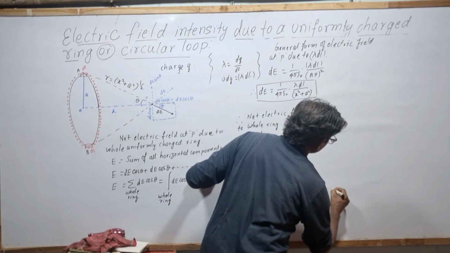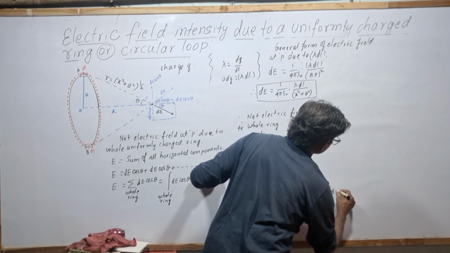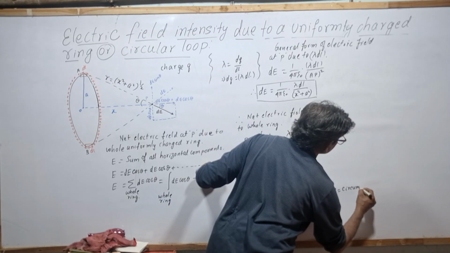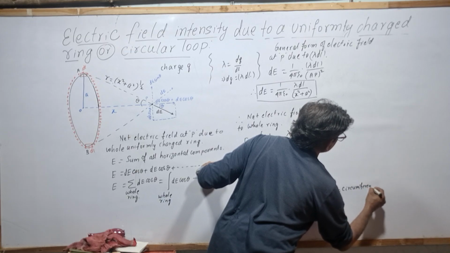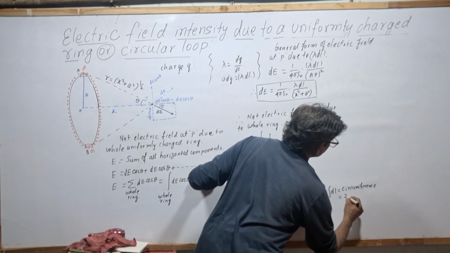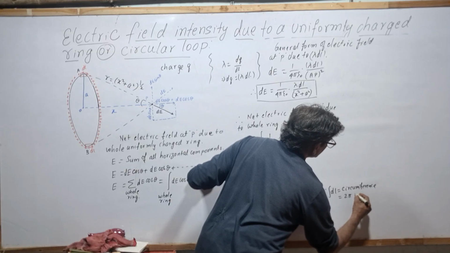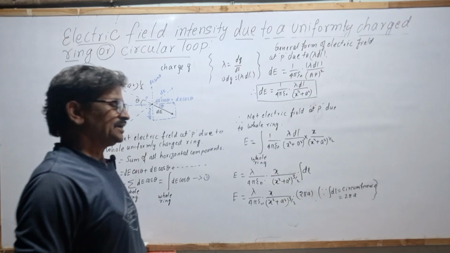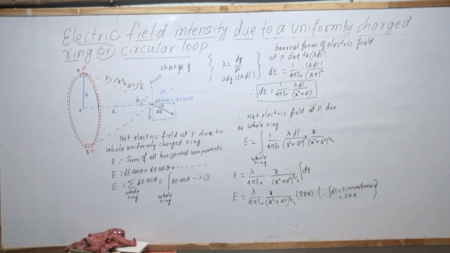Give the reason: dl integrated is the circumference, which equals 2 pi r, where r means the radius of the ring.